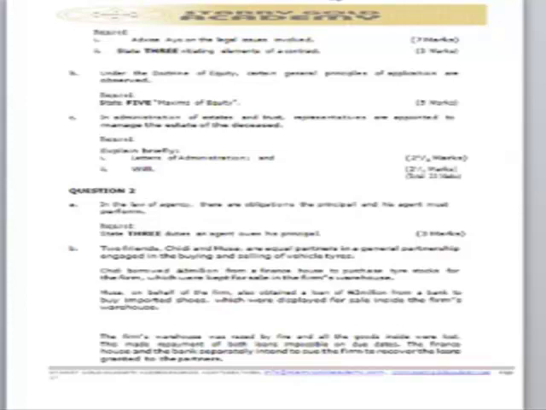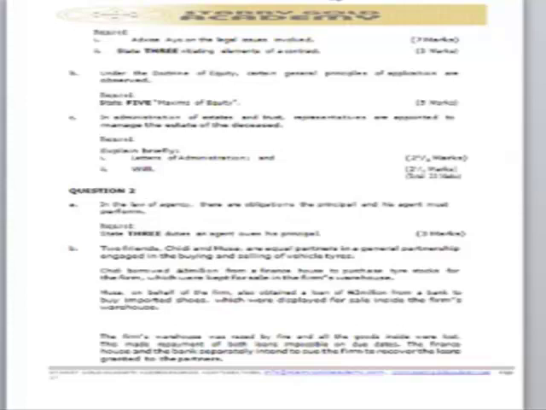So if you want to answer this question, the first thing is to read the question very well, and read the case scenario very well. Then you say that this issue relates to unilateral mistake. And what is the principle of unilateral mistake? That's the second thing you have to say.